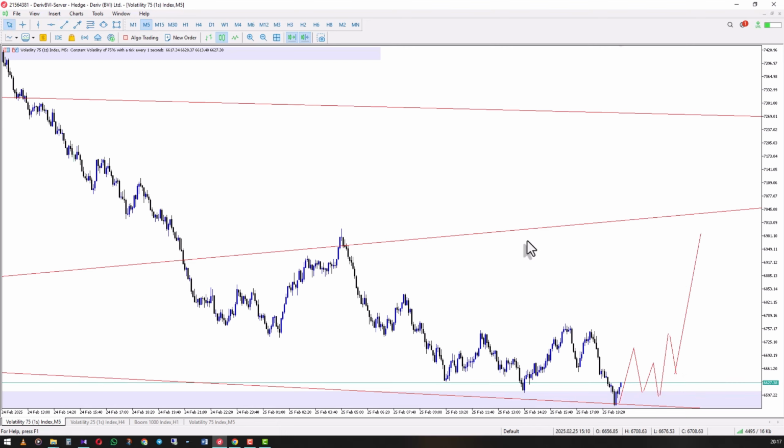So once we see something like this happen, before we see a proper break of the trend line also on the 5 minutes, once we see that, then we expect that this market is going to fly. That will be a safer entry, and that's what I've been teaching in this channel. That is more systematic, that is more reliable, so that is what you should follow.